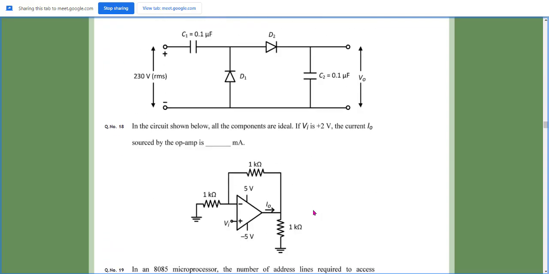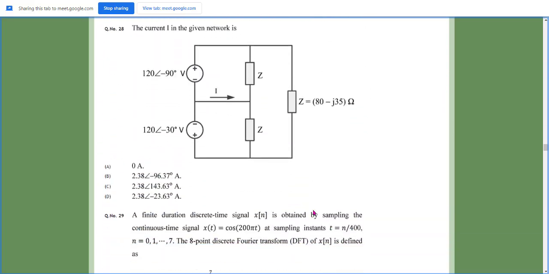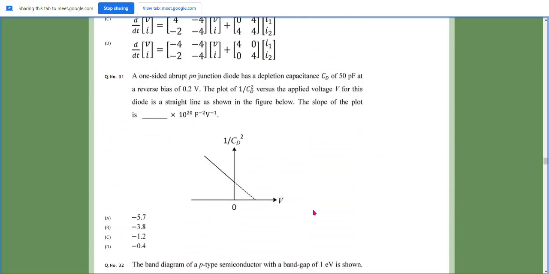Okay. So question number 31 you are saying. Let me see what is that. One-sided abrupt junction, direct depletion. I think the depletion capacitance formula is there, right?